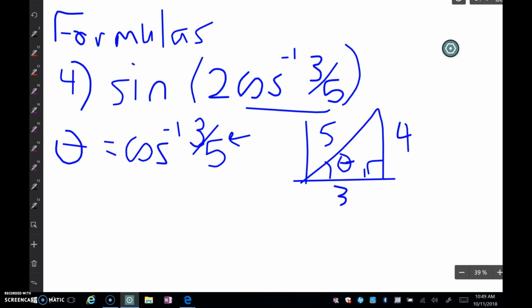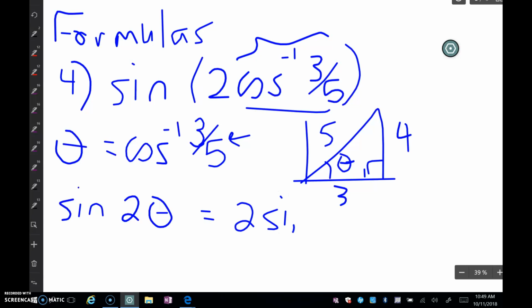Okay, so if I go back to my original problem, I have to figure out the sine of 2 theta, because remember theta was this part right in there. That makes me think of the double angle formula, 2 sine theta cosine theta. And I finish that out by using the right triangle.